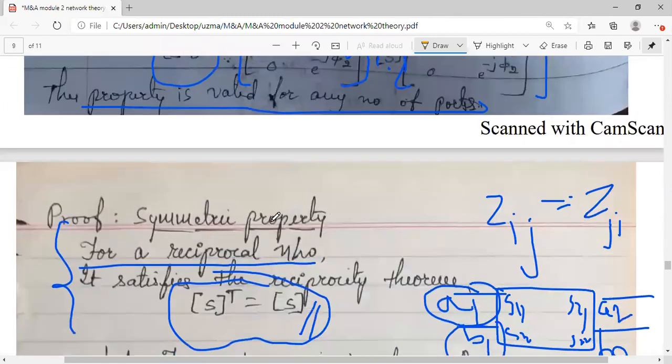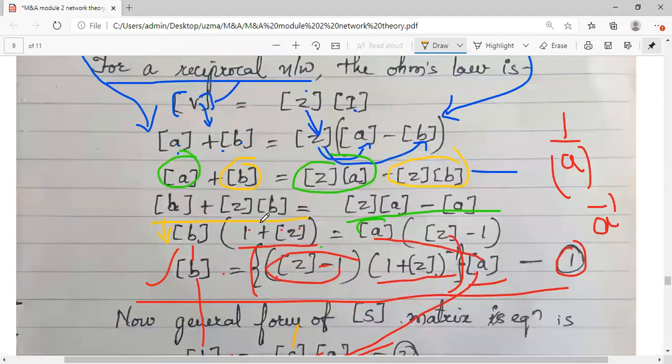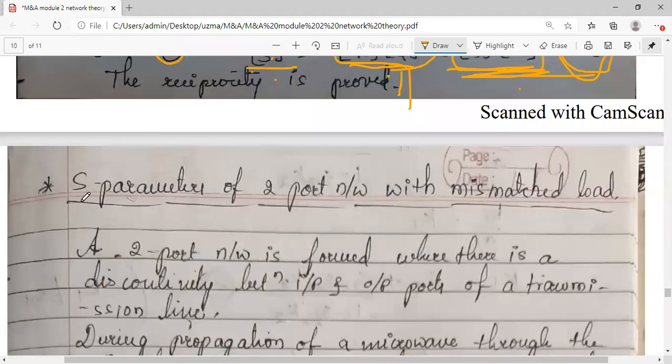Then coming to the next heading, that is the S matrix or the S parameters for a two-port network with a mismatched load. Mismatched load means we will be getting reflections here. Till now, we have seen some properties, for example, if the network is lossless, or if the network is reciprocal.